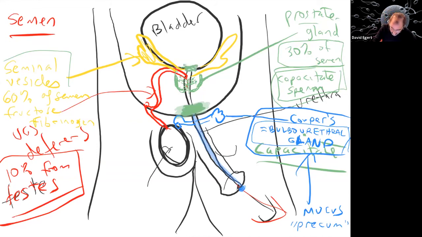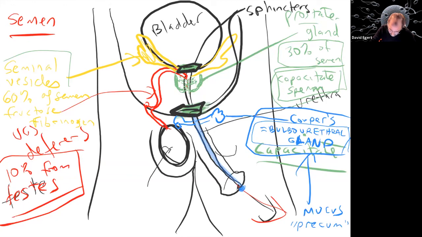And then there was the internal sphincter, which relaxed just due to stretch. These two sphincters basically squeeze on either end of what we call the prostatic urethra, this little bit of urethra where the seminal vesicles, the prostate gland, and the vas deferens all dump into.